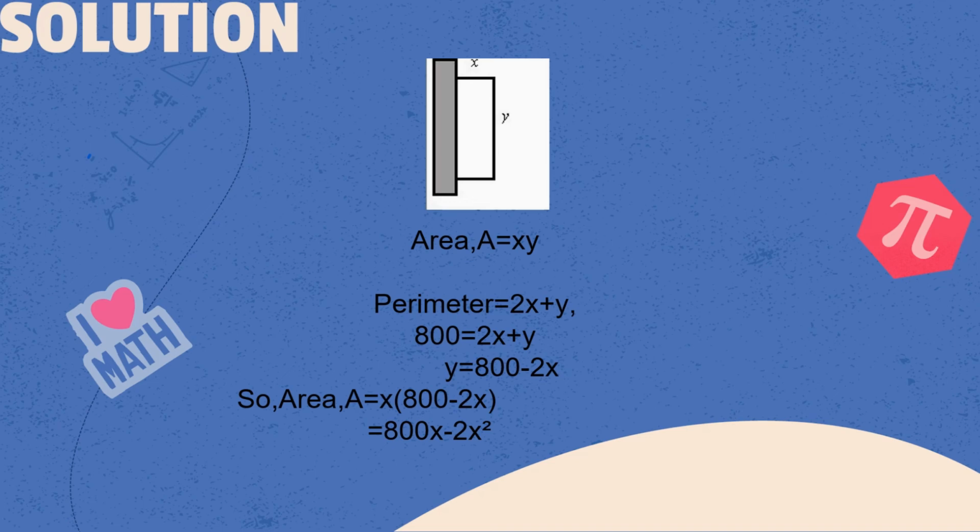We put this perimeter equation into the area, so we get x multiplied by 800 minus 2x, which gives 800x minus 2x squared.